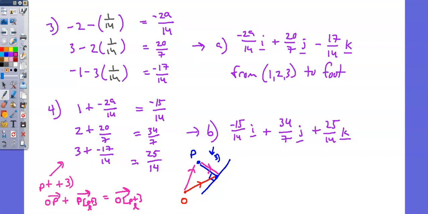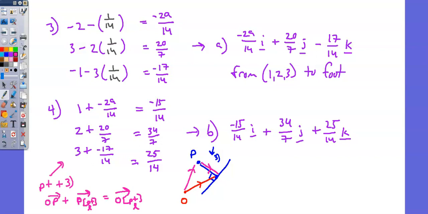So there we can see graphically how the algorithm ties to a vector algebra concept. OP plus P to point equals O to point. And that final vector, O to point on the line, is in red.